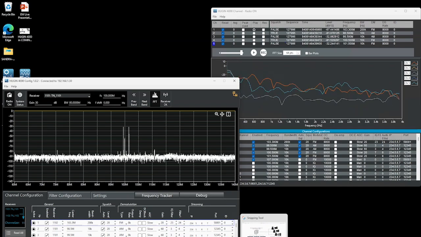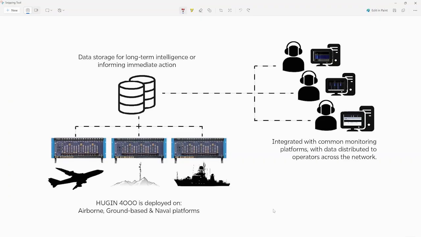So I'll start by giving you a brief look at where the systems can be deployed, and then what the various aspects of this demonstration relate to in terms of a real system. Essentially, HUGIN 4000 can be airborne, ground-based, or in naval deployments, and will typically be networked either to a server for storage or for informing immediate action upon the signals that have been received.